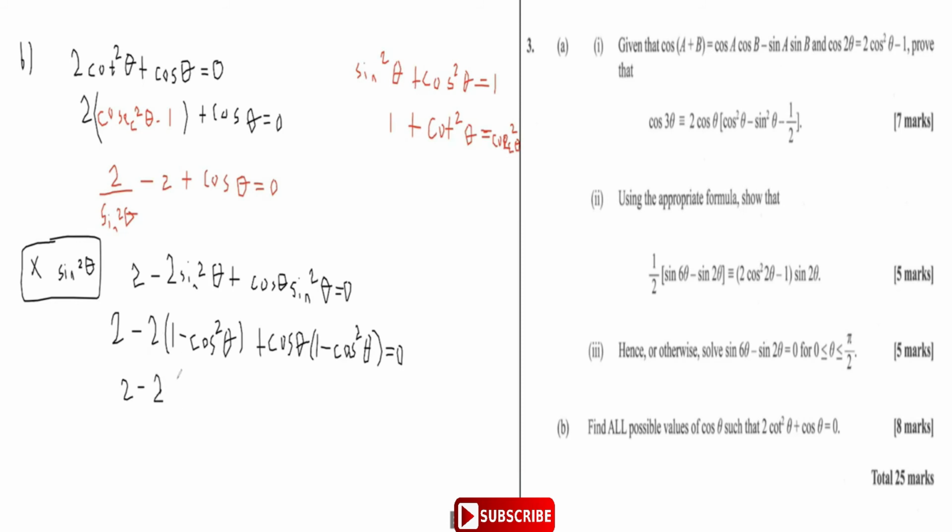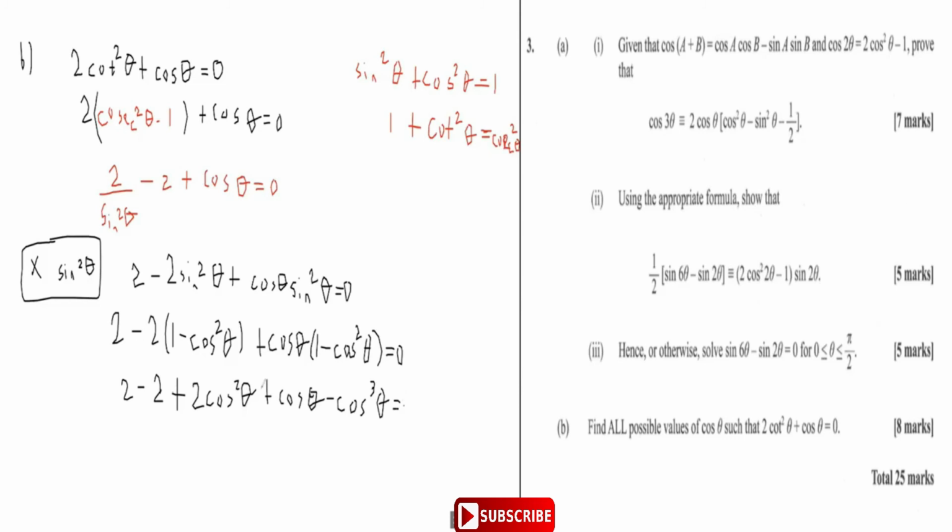Minus and minus become plus, so you get plus 2 cos squared theta plus cos theta, plus cos theta, and cos times minus cos cube is minus cos times cos squared, which is minus cos cube theta. That's equal to 0.